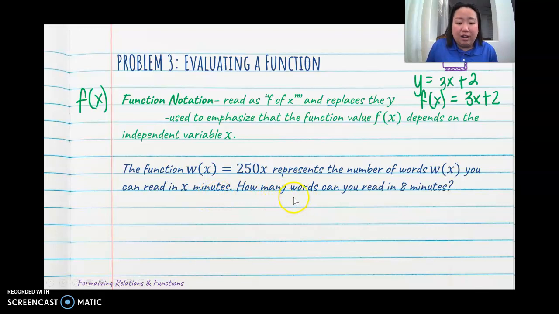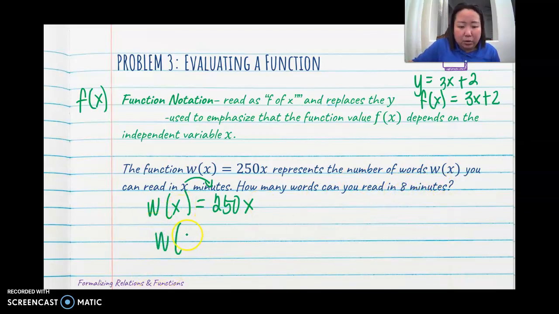So if we have to find how many words can be read in 8 minutes, all we need to do, remember, our function is w of x is equal to 250 times x, okay? Now, our x is the number of minutes based on what is given here. So if we are to find how many words can be read in 8 minutes, we will replace our x by the input value, which is 8.